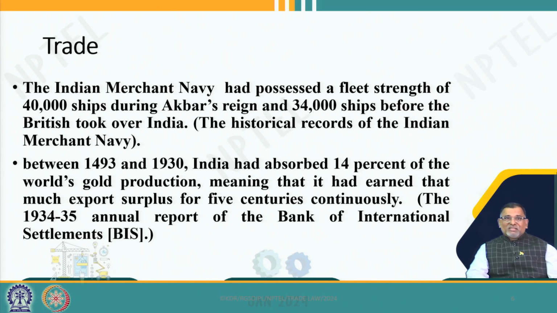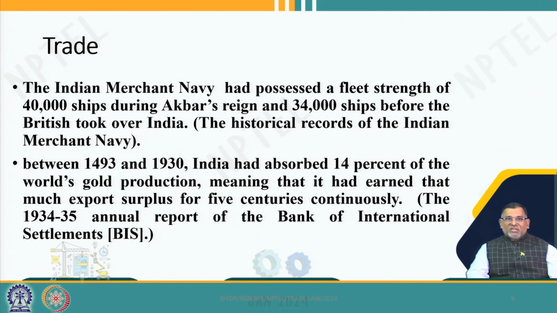So, you can see the gold production. India was one of the largest gold producing countries at that point of time, and definitely you export the gold and you earn from the production of gold.